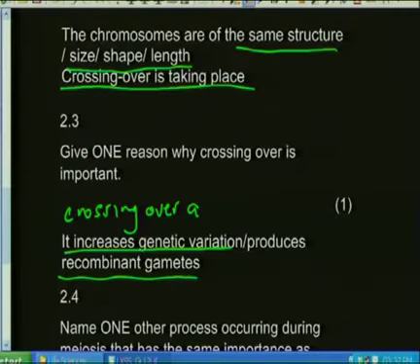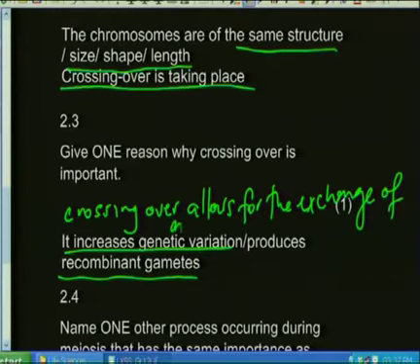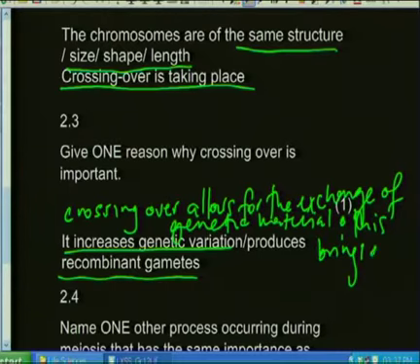So we would say crossing over allows for the exchange of genetic material, and this brings about variation.